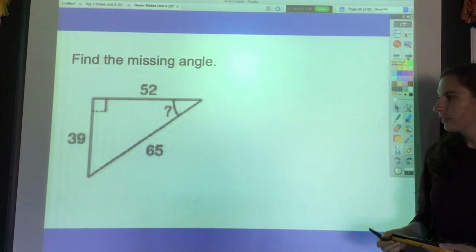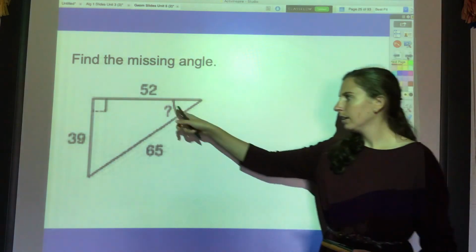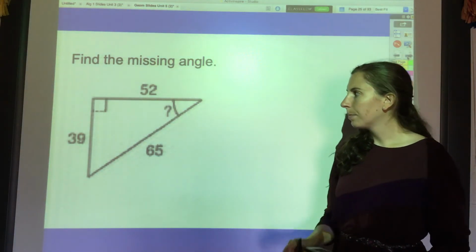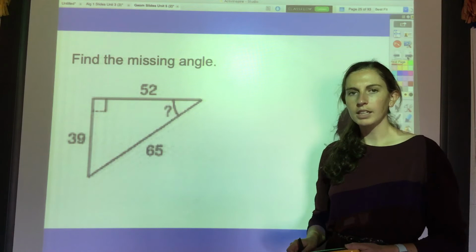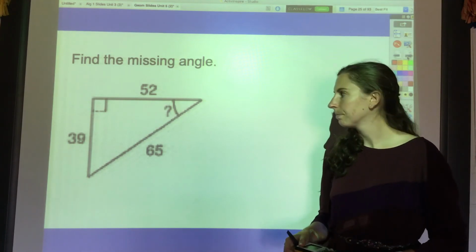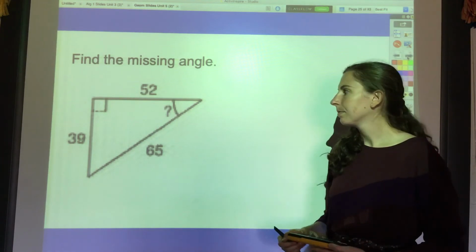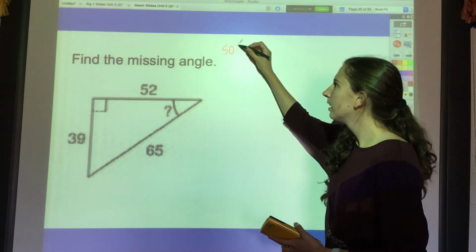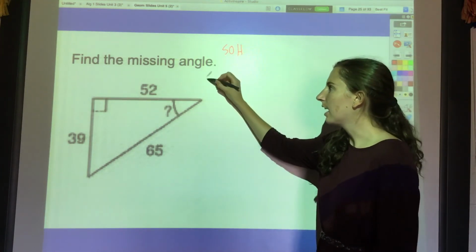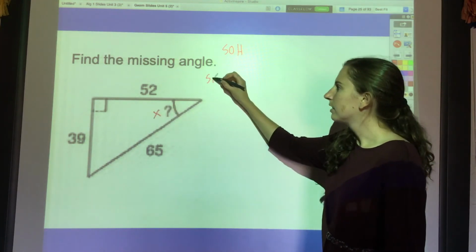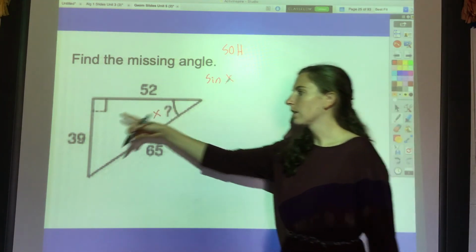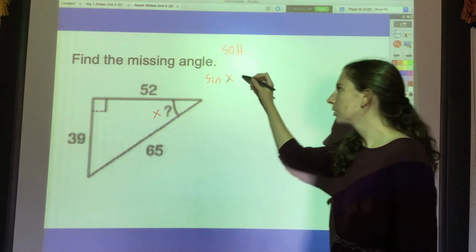All right, I want to find this missing angle right here. So should I use sine, cosine, or tangent on this one? On this one, it actually doesn't matter. If I want to use sine, I'm going to call this x. The sine of angle x is opposite over hypotenuse.